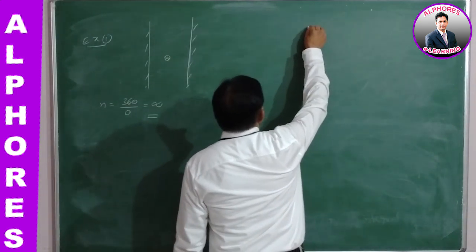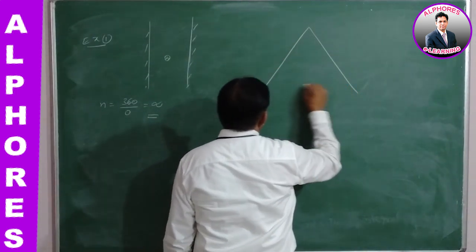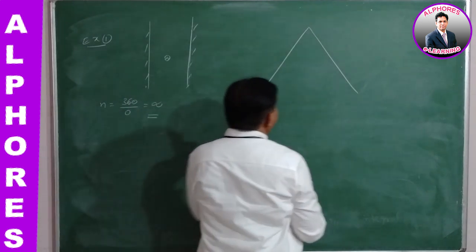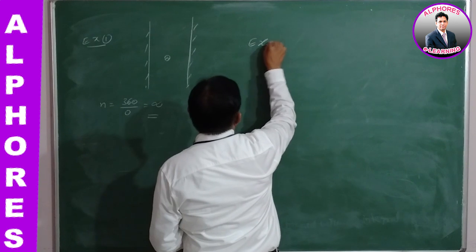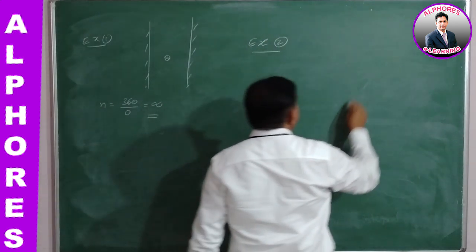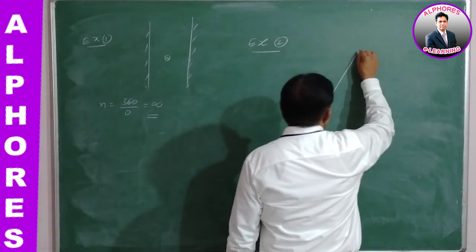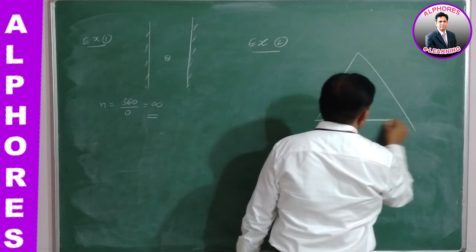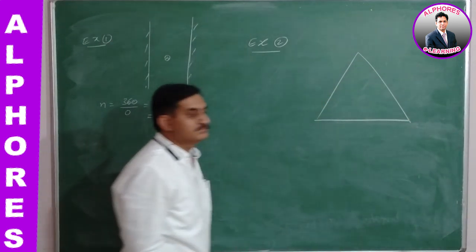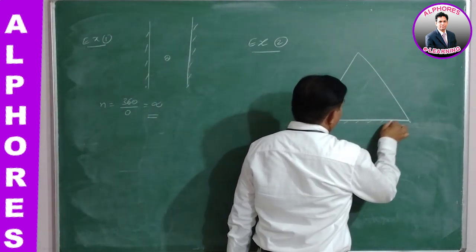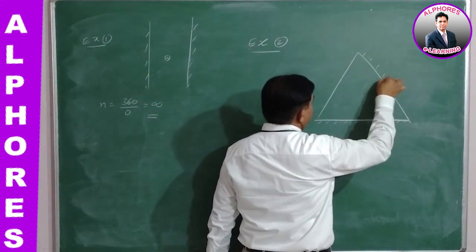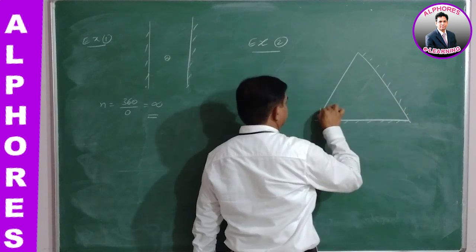Suppose three identical plane mirrors are arranged to form an equilateral triangle as shown in the diagram.